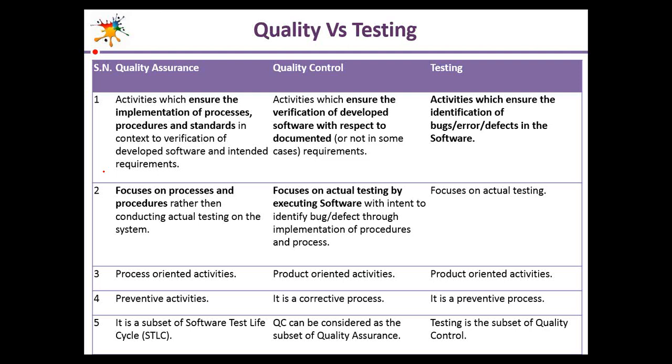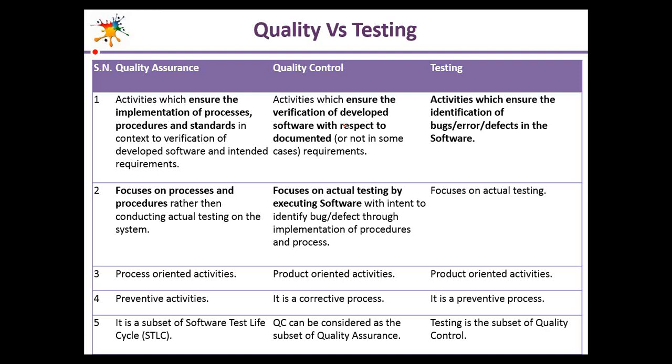It ensures the implementation of processes, procedures, and standards in the context of verification of developed software against intended requirements. Whereas quality control ensures the verification of developed software with respect to the documented one. And testing caters to those activities that ensure the identification of bugs, errors or defects in the software.